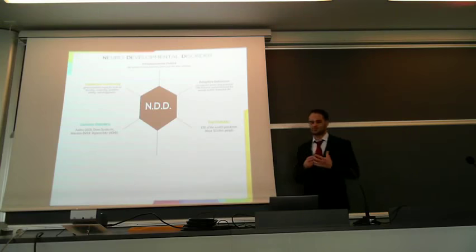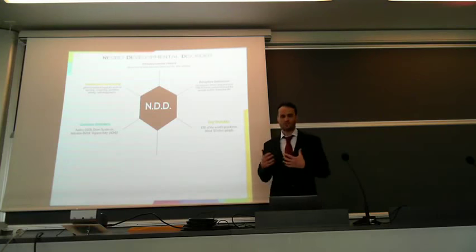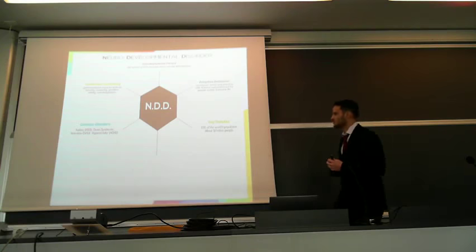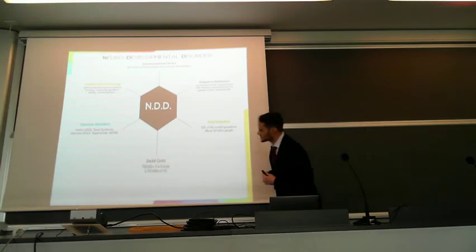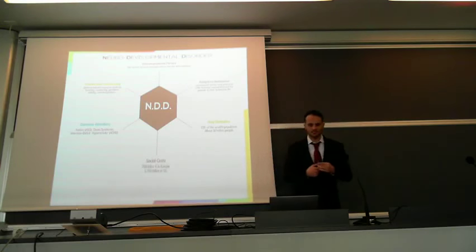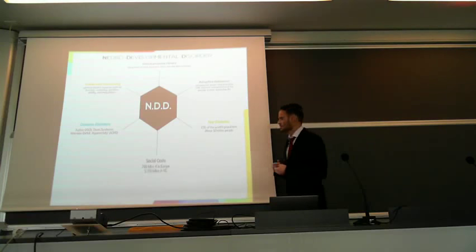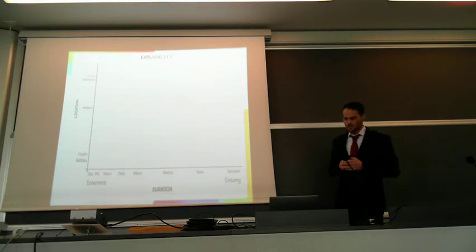The key statistics say that 1.3% of the world population, about 97 million people, have this kind of disability, with a social cost of 798 billion euro per year, which is more or less comparable to what happens in the US.